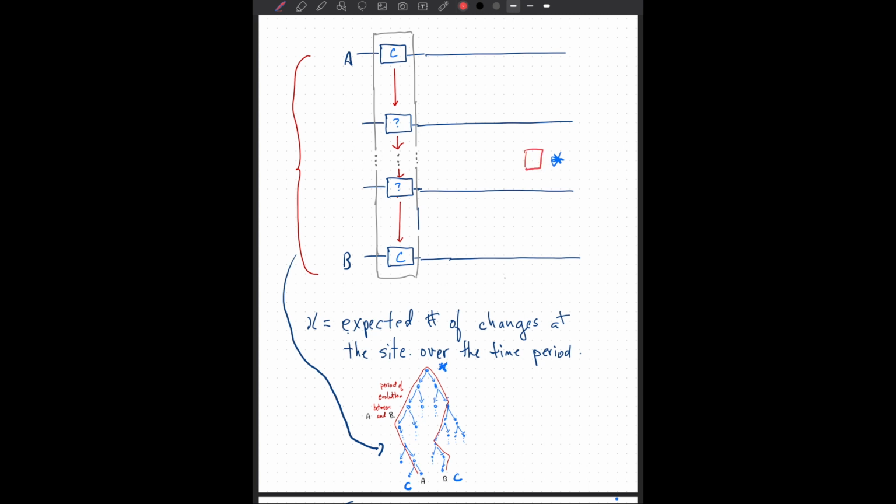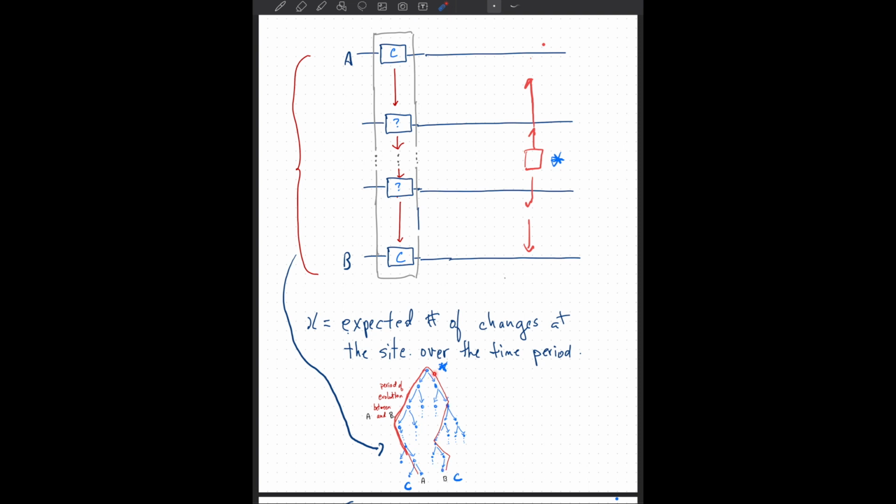We can fill that in later, but we don't know where it was. Then it evolved to state C along this arc here, and it evolved towards B this way, along this arc here.